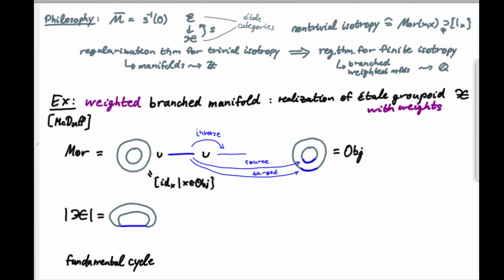Once you have isotropy, you want to quotient out by these finite isotropy groups. The way you do that is you describe everything as étale groupoids and think of the section as a functor in that étale groupoid. Then it has a zero set that sits in here, and you can take its realization. Nontrivial isotropy is exactly saying that the self-morphism space of points is not just the identity.